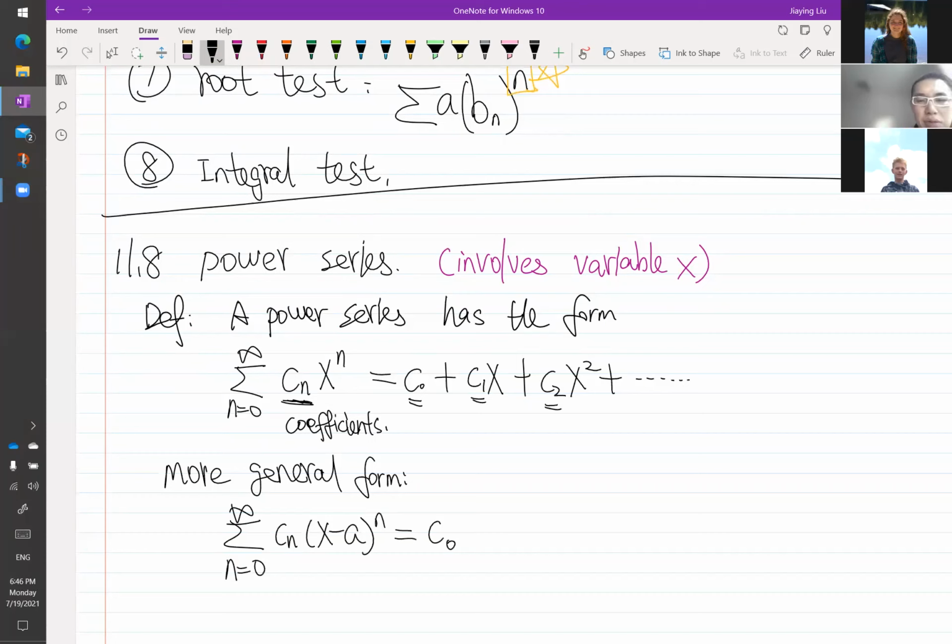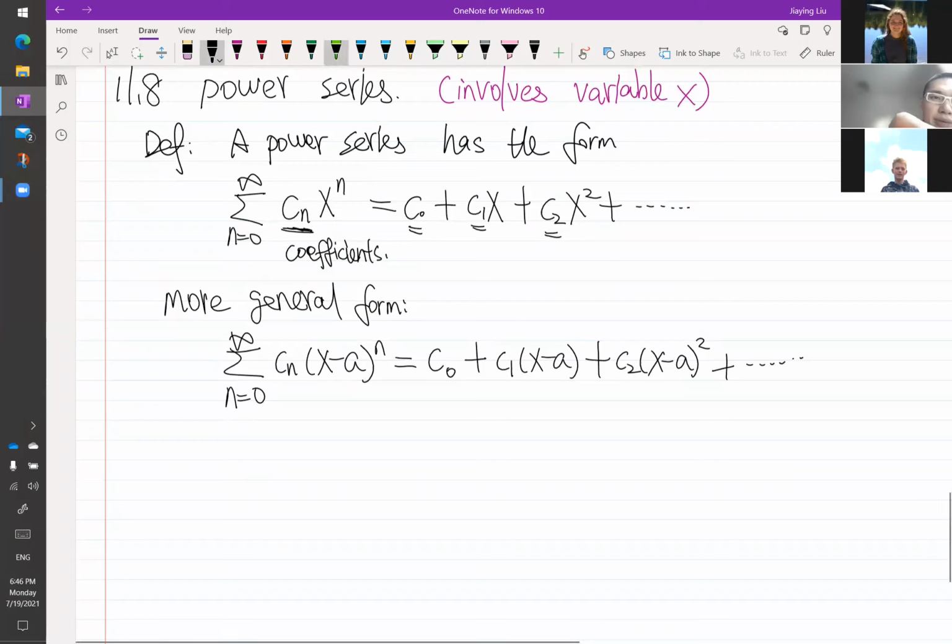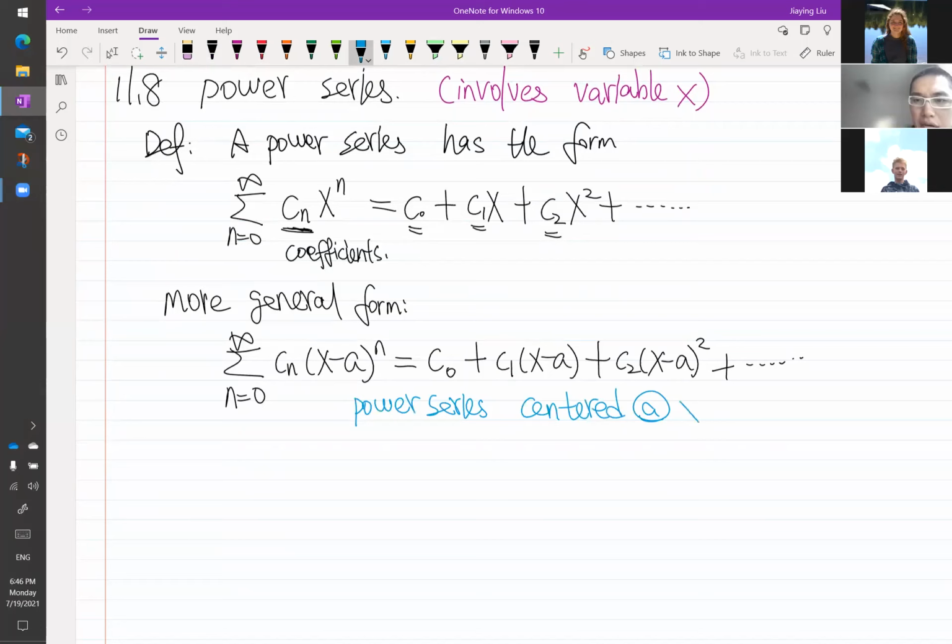(X minus a) to the 0 is 1, plus C1 (x minus a) plus C2 (x minus a) squared, and it continues. So this is what we sometimes call a power series centered at x equals a. So a is a constant.